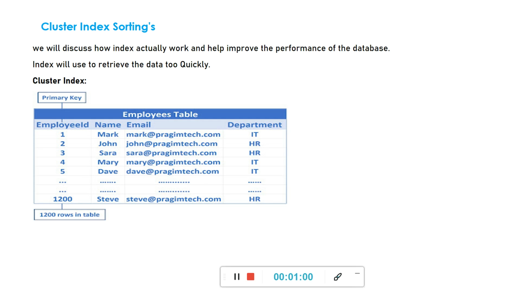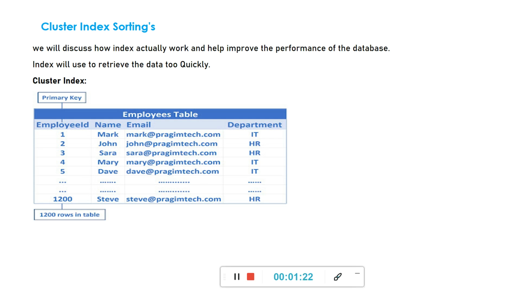There are two types of indexes: clustered index and non-clustered index. In the next session I will explain what a clustered index is, what a non-clustered index is, and what the difference between both of them is.